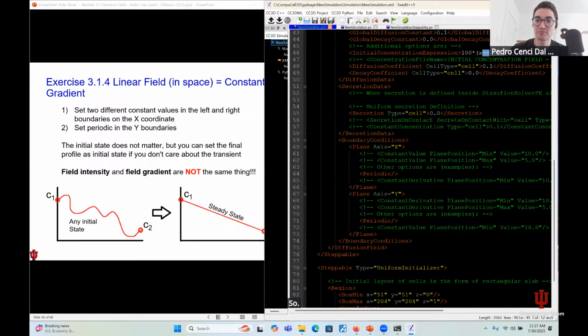So as long as you're doing constant value 1 on the left and constant value 0 on the right, or something like that, you will get a linear gradient. Remember again that field intensity and gradient are not the same thing.